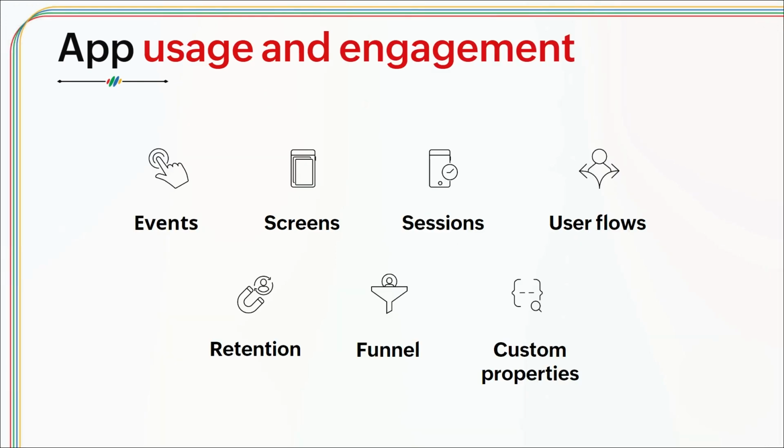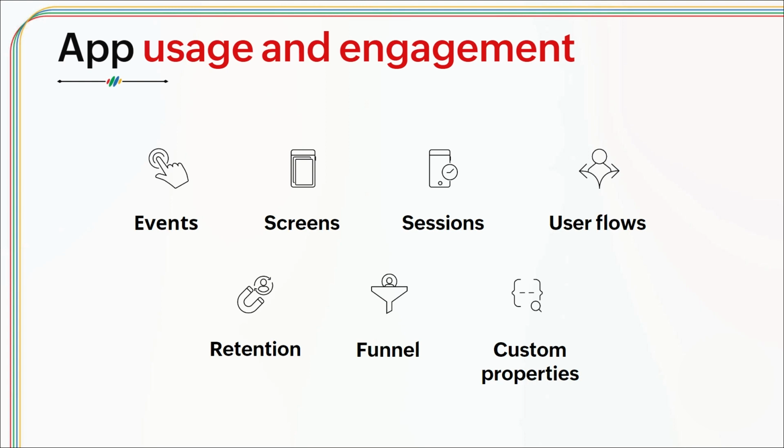Next is app usage and engagement. Collecting data points like events, which can be both predefined as well as custom configured, screens that tell you which interfaces and UI elements make or break the in-app experience for users, and sessions that basically tell you how much time people spend on your app.